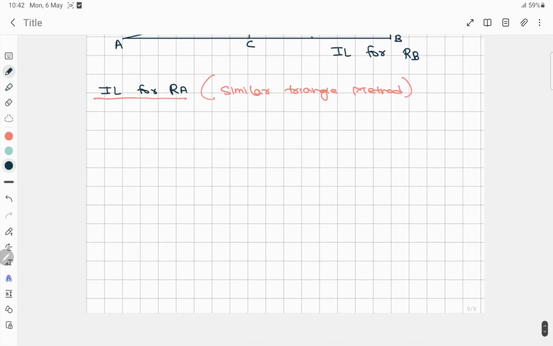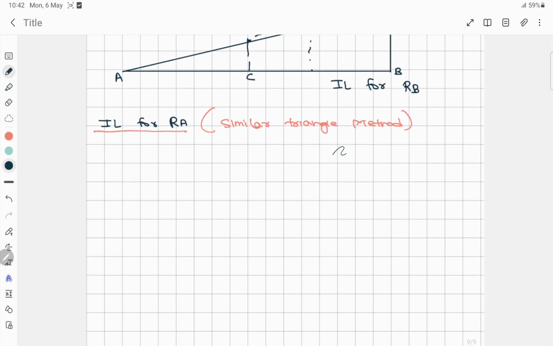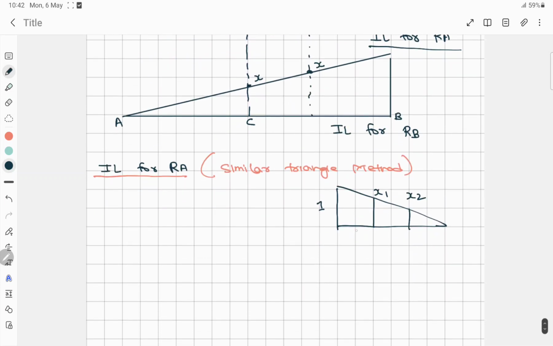So now I'll redraw. This was for RA and we have to find this one and this one. This one was X1, this one was X2, and the distances are 6, 2 and 2. Now we'll find this value.